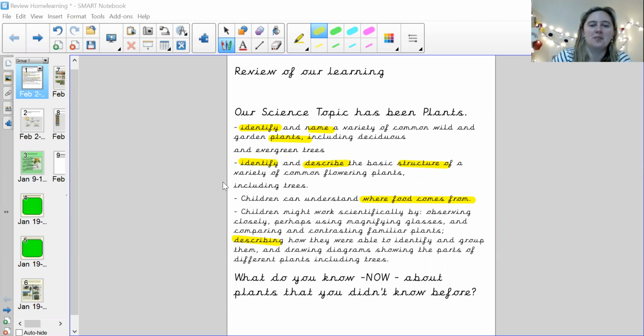Great. So let's start to review our learning. Reviewing our learning means looking at all the different things we've learnt, not very quickly, but quickly-ish, and trying to remember all of those things so that when we get to our hot task tomorrow, we know it all.